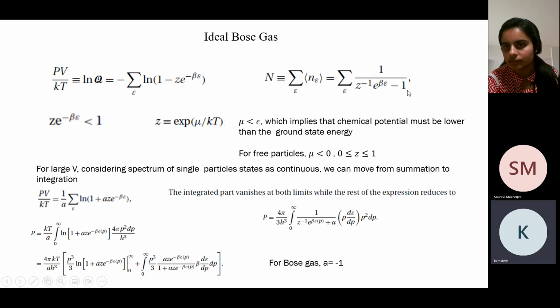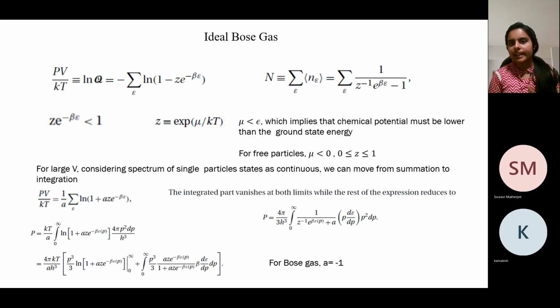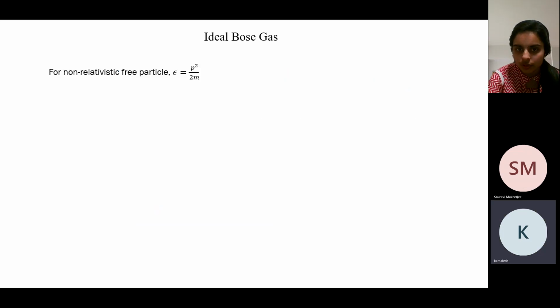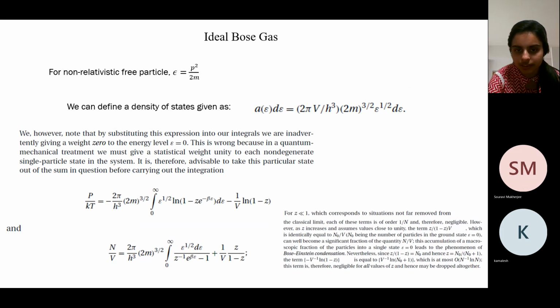So you can write it as 1 by (1 by z minus 1). Take z to the numerator, and you get z by 1 minus z. So that means z by 1 minus z is the mean occupation number of the zeroth energy level, right? So you can now replace this z by 1 minus z term by n naught, where n naught is the number of particles in the zeroth state, the ground state.